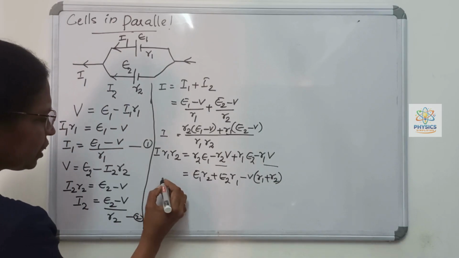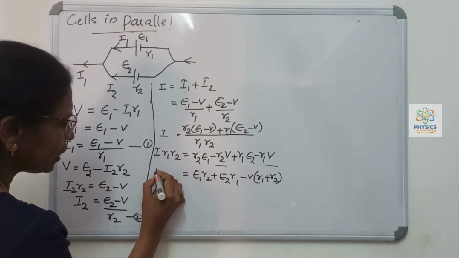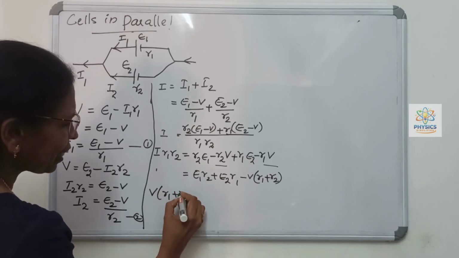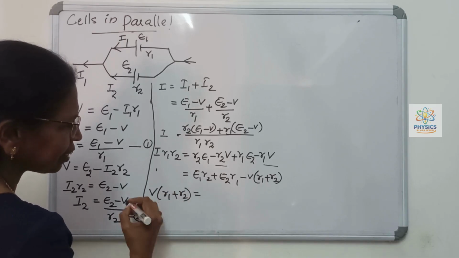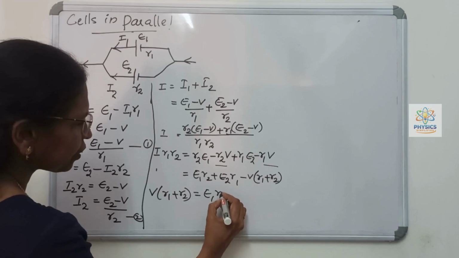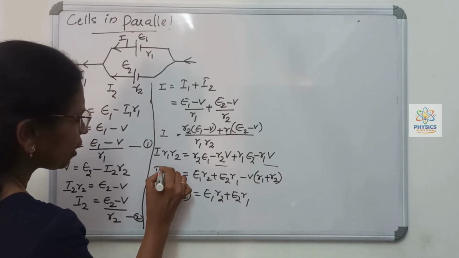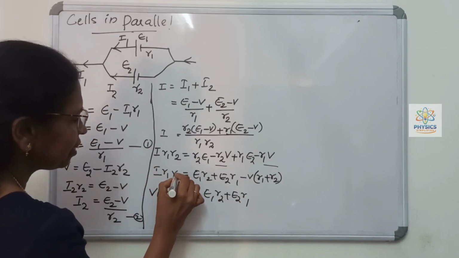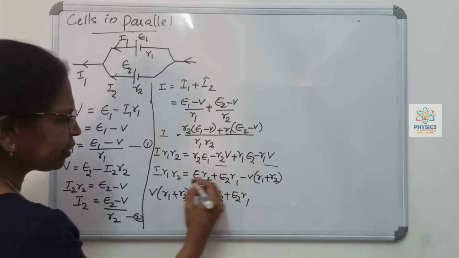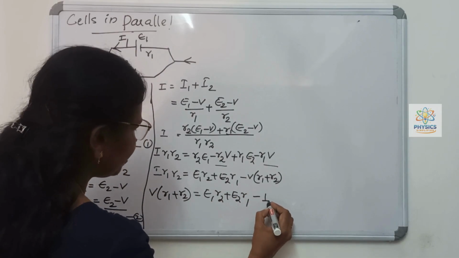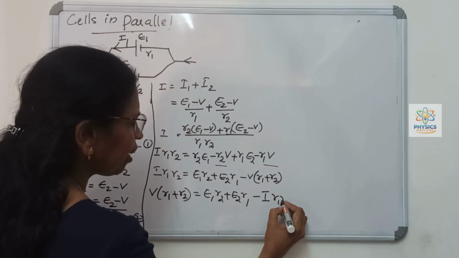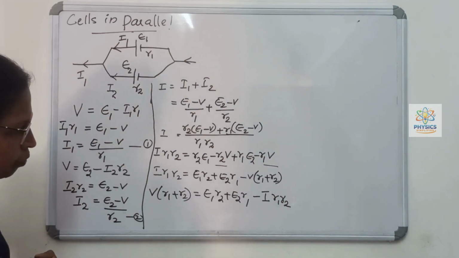The same equation we can write as V into (R1 plus R2) is equal to E1 R2 plus E2 R1, and here our term is I into R1 R2. When it comes to this side it is minus I into R1 into R2.